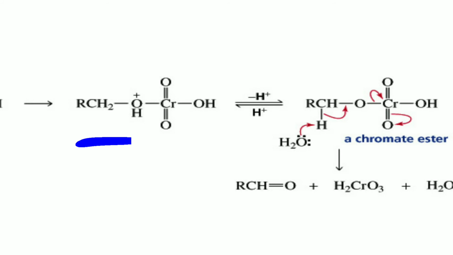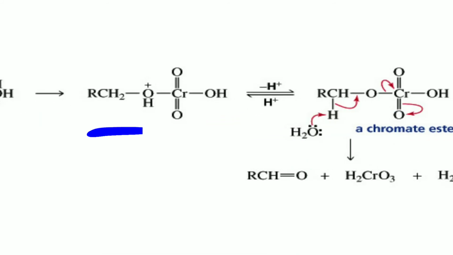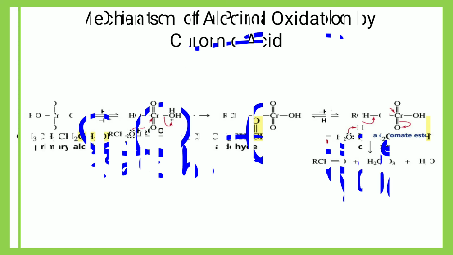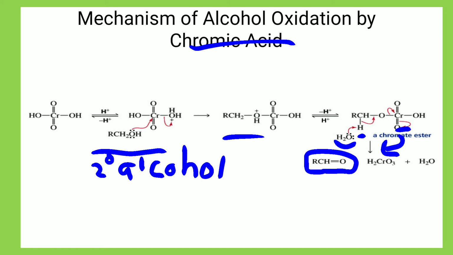The oxygen becomes negatively charged, and this negatively charged oxygen abstracts a proton, forming OH. Here we get the product H2CrO3 plus a water molecule, and our main product is RCH double bond O, which is called an aldehyde. If we take the secondary alcohol, then it gets converted to the ketone.